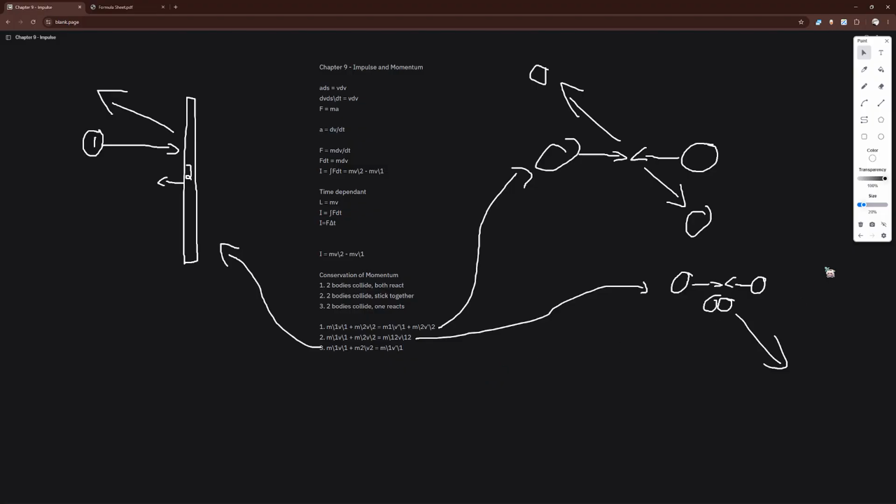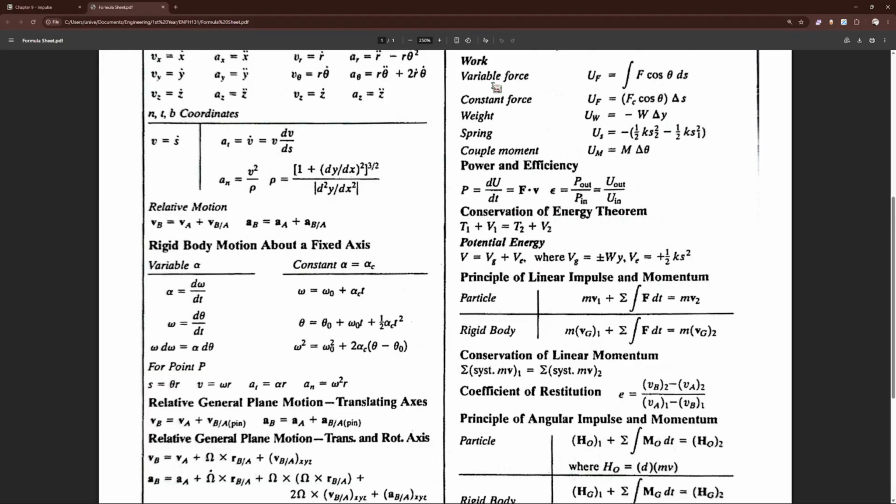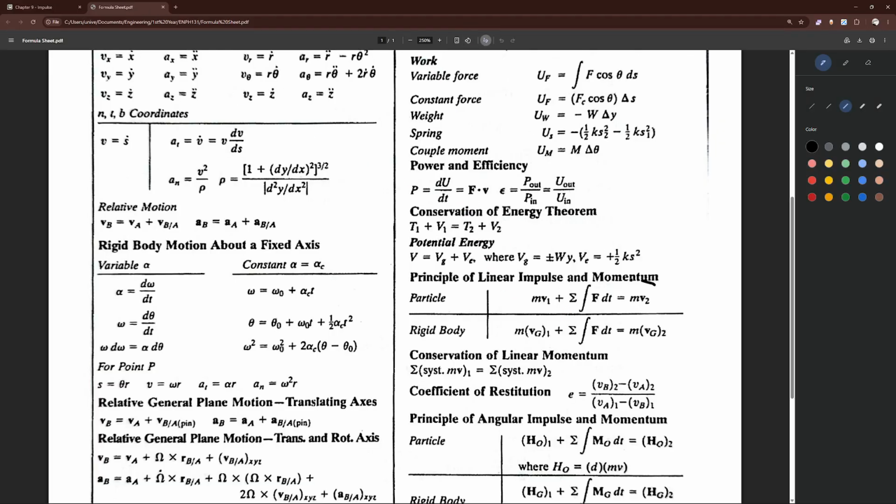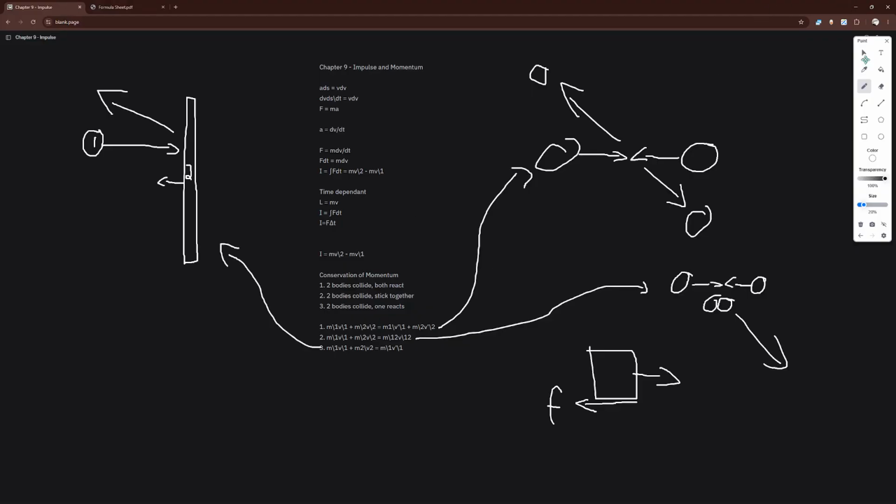So if we have a block moving this way, and we want its momentum, and there's friction, that doesn't matter, because friction won't cause an impulse, so it won't be part of our impulse equation, which is this equation here.